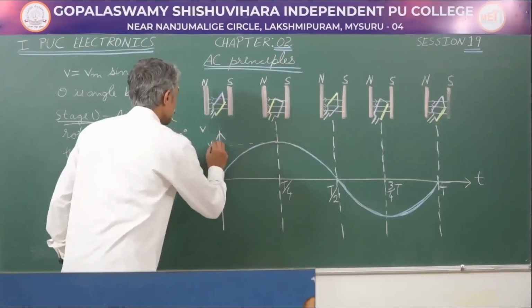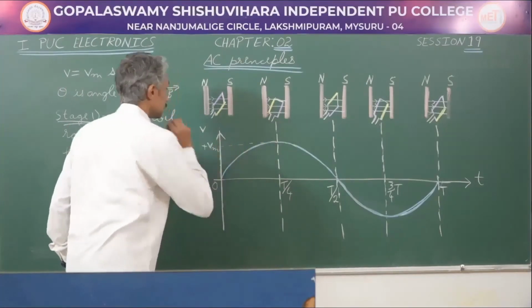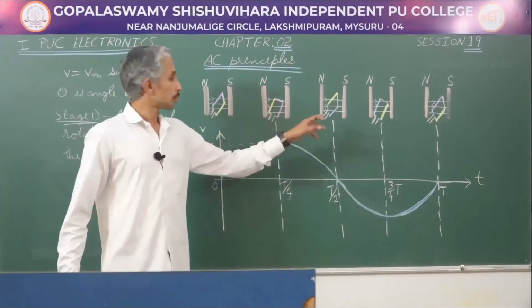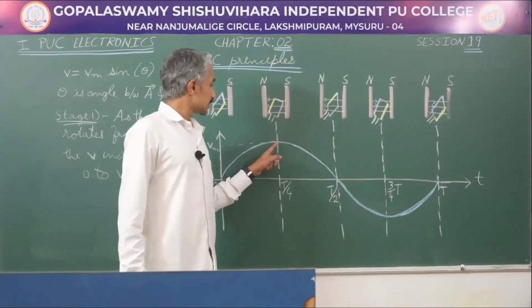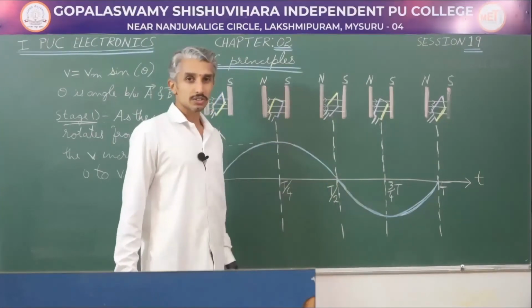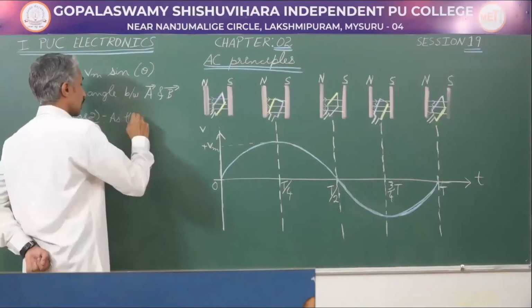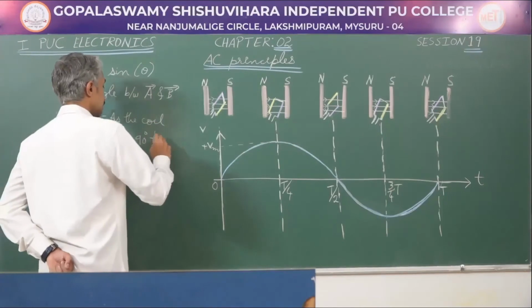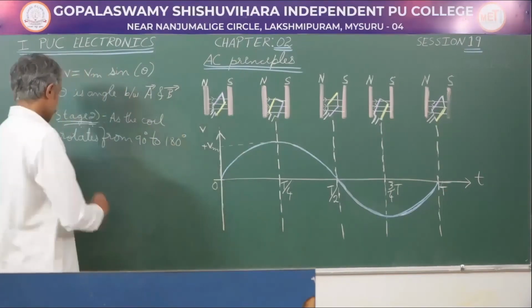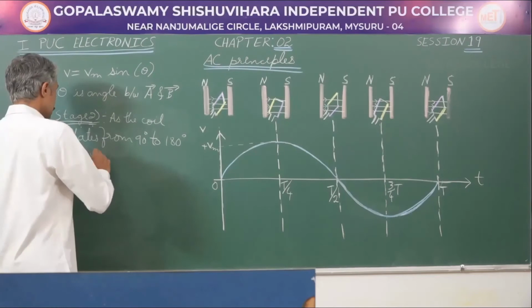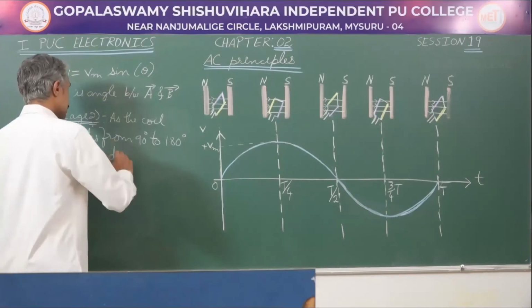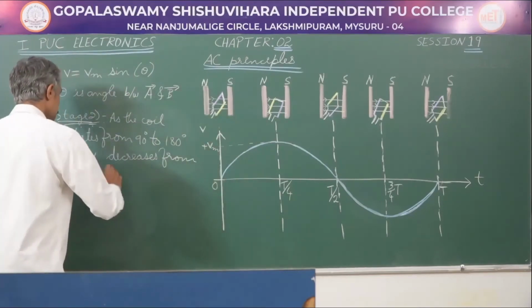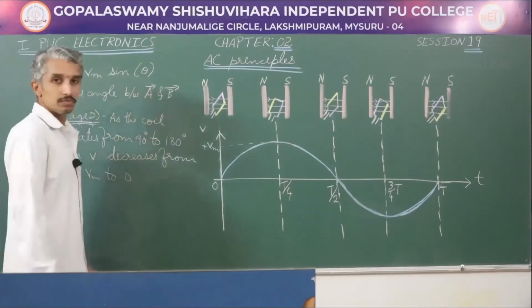Next, stage 2, as it further rotates from 90 degrees to 180 degrees, the AC voltage V decreases from V maximum to 0.